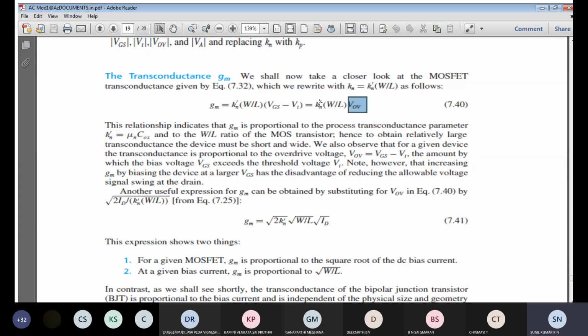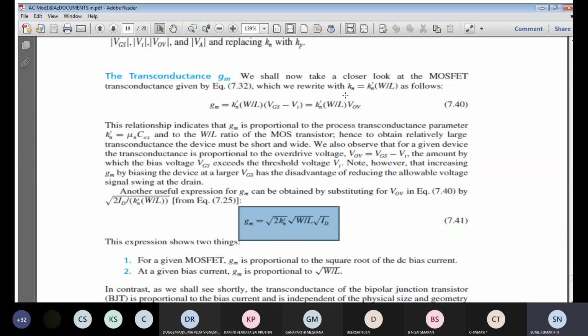So square root of kn dash W by L into square root of kn dash W by L, when squared, gives kn dash W by L. So one square root of kn dash W by L gets cancelled with the denominator term, and what is left is square root of 2 ID times square root of kn dash W by L. So this is the another expression.